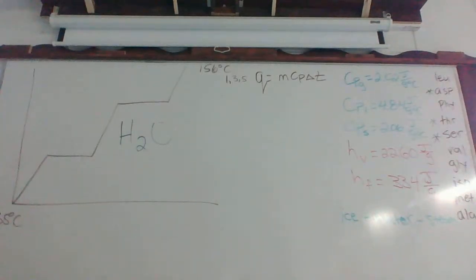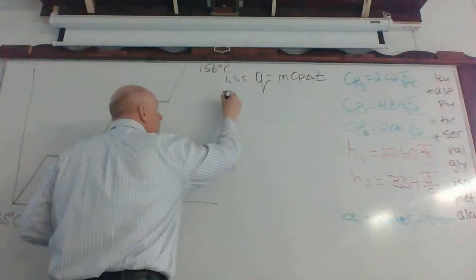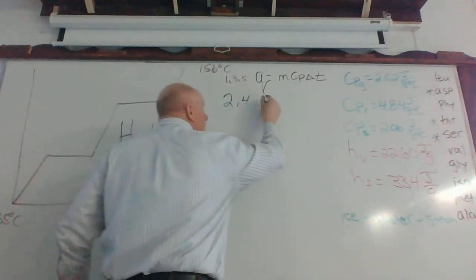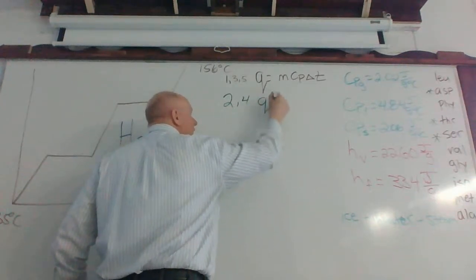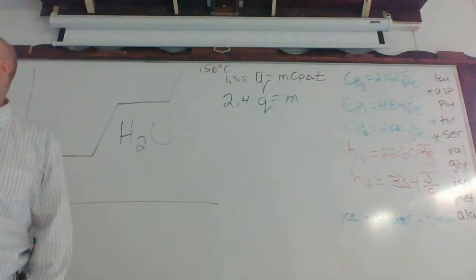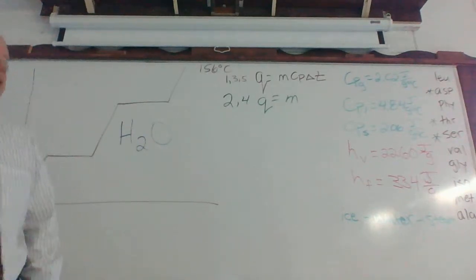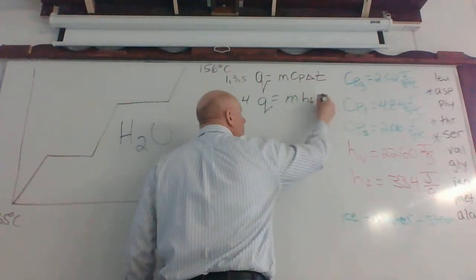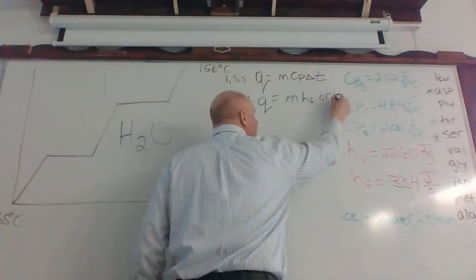Then what we see happening in steps 2 and 4, the amount of heat or quantity equals that mass times what? The heat of fusion in step 2, or the heat of what in step 4?